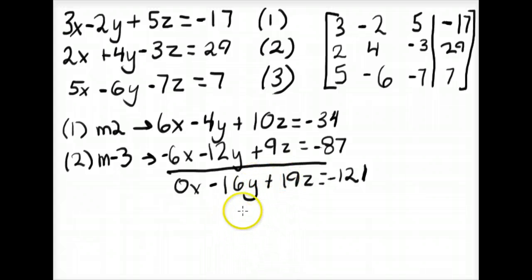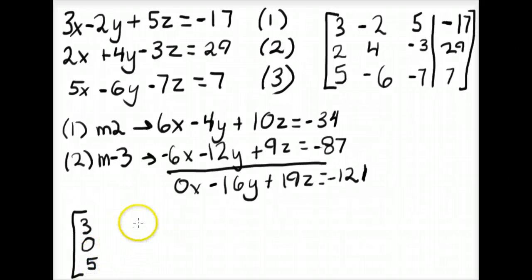So now that we have eliminated x, we can rewrite this matrix now as 3, because the top equation is going to stay the same, and then 0, because we're taking this equation now and replacing it with 2, and 5. And then we'll have negative 2, which are staying the same, then negative 16.